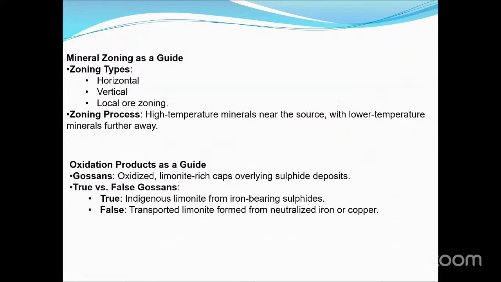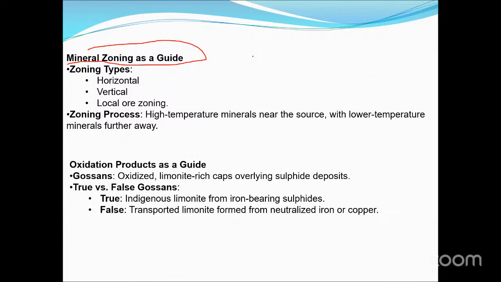And next, mineral zoning as a guide. What is mineral zoning, and what are the zoning types? Normally, we find zoning types as horizontal zoning, vertical zoning, and local zoning.